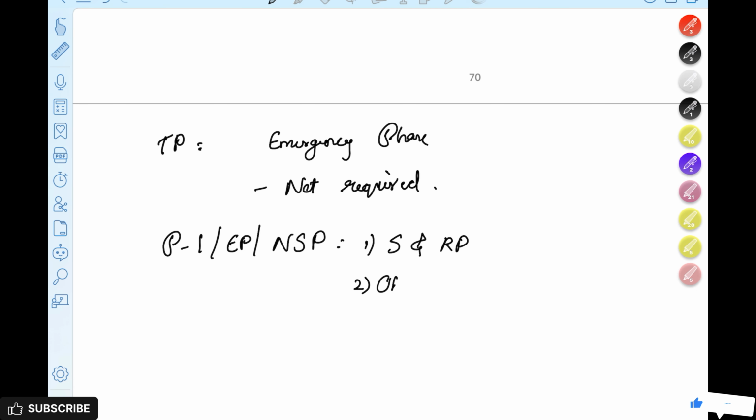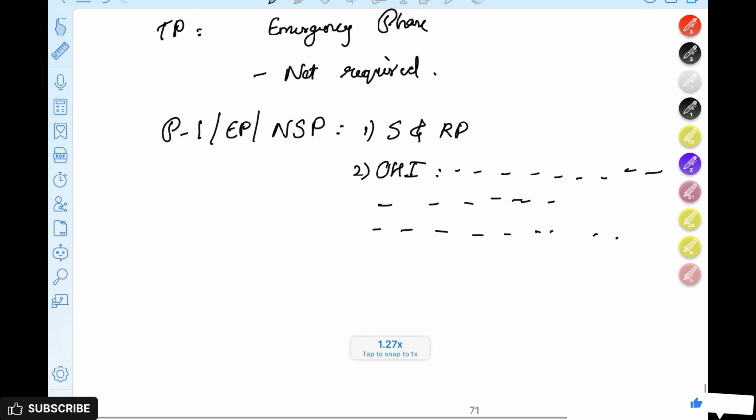Next you will write oral hygiene instruction very clearly: the XYZ person should use a medium toothbrush with fluoridated toothpaste using the modified Stillman or Bass technique twice daily, and interdental aids are also suggested for the patient. You have to give the oral hygiene instructions very clearly.